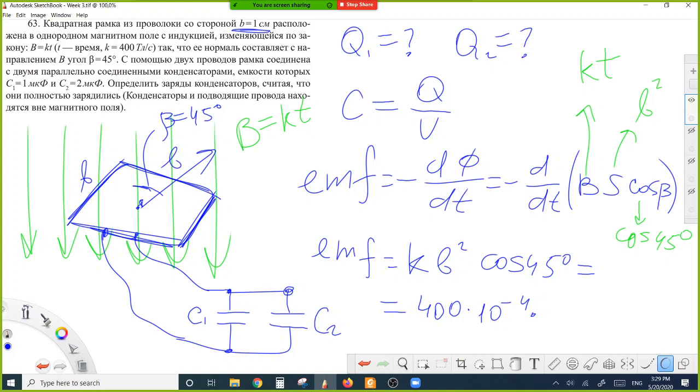Cosine 45 degrees is square root of 2 over 2, and let's compute 400 multiplied by 10 to minus 4 multiplied by square root of 2 divided by 2.